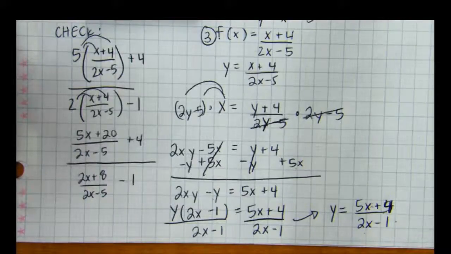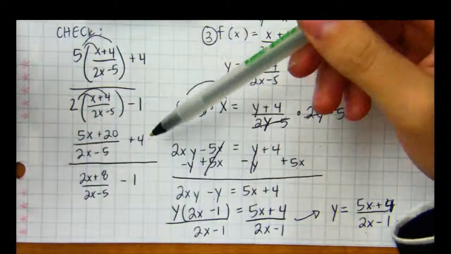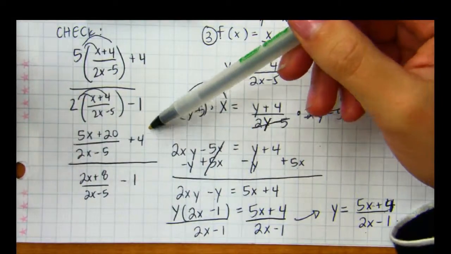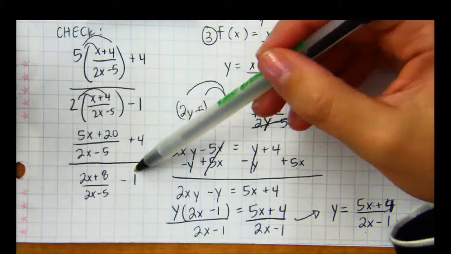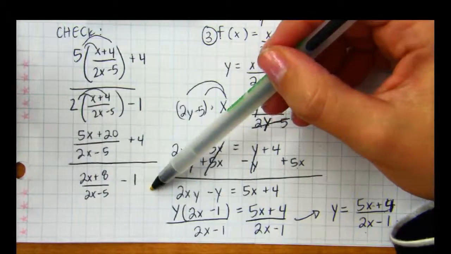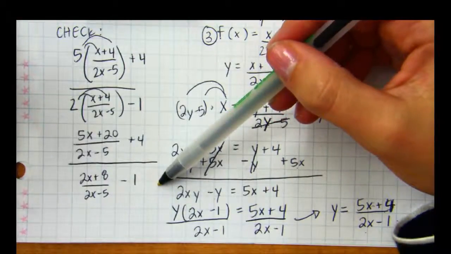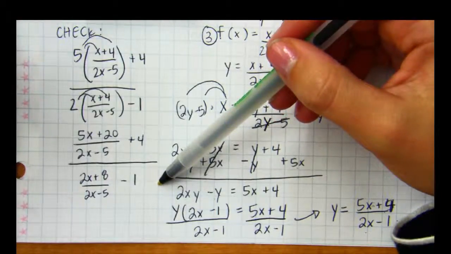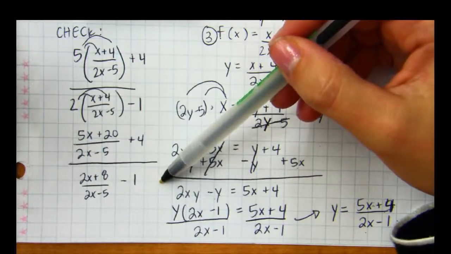Okay, so not much simpler. Let's see what I could do. So a couple things I could try. I could try giving this a common denominator and this a common denominator of 2x minus 5. I could try doing some fraction division.